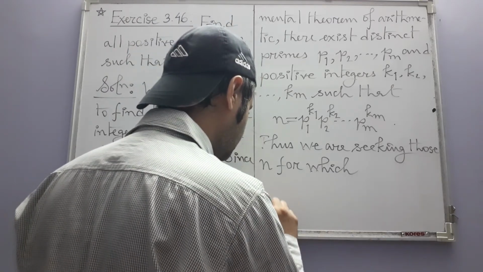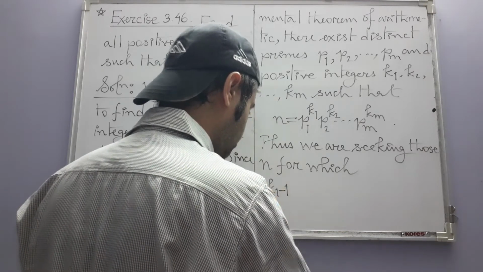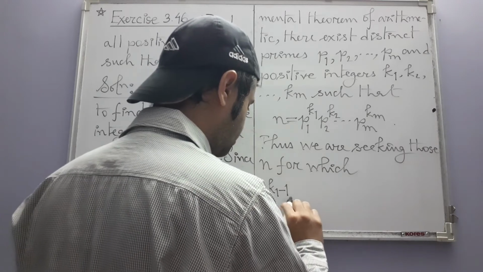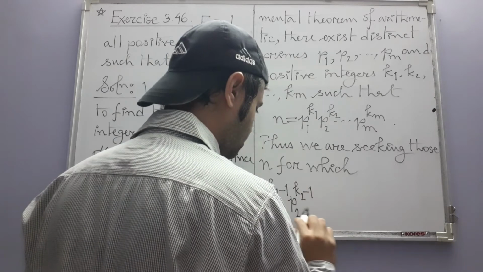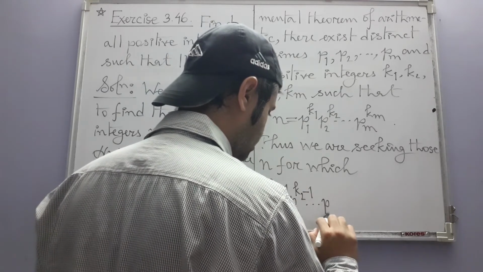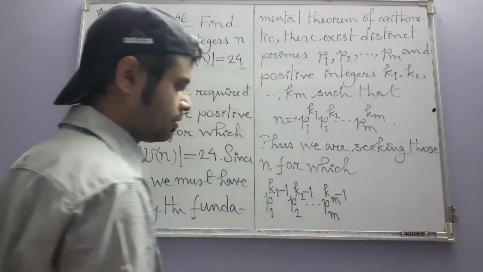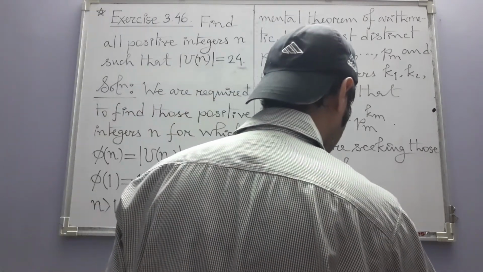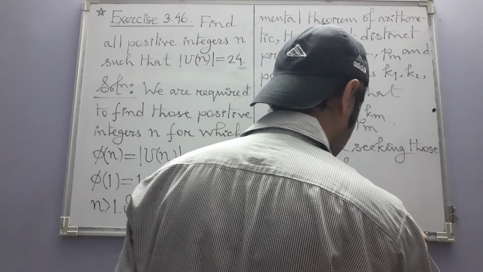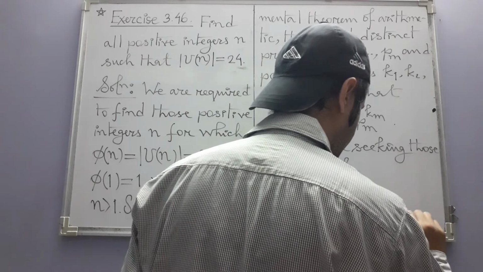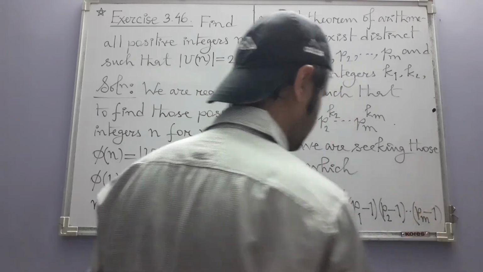It is p1 to the power k1 minus 1, p2 to the power k2 minus 1, like that, pm to the power km minus 1, times (p1 minus 1) times (p2 minus 1), etc., (pm minus 1).